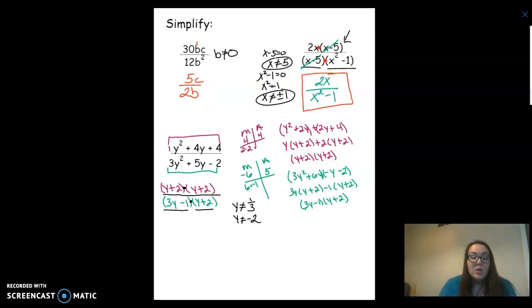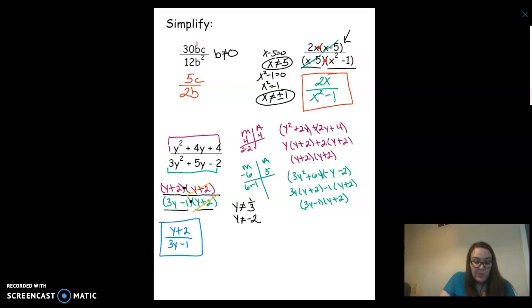Now, I can eliminate anything that is the same on the numerator and denominator, meaning right here I have a y plus 2 that is the same as this y plus 2. I can only get rid of one of the y plus 2's and not both, because I do not have two of them on the denominator. That makes my final answer this right here: y plus 2 divided by 3y minus 1.